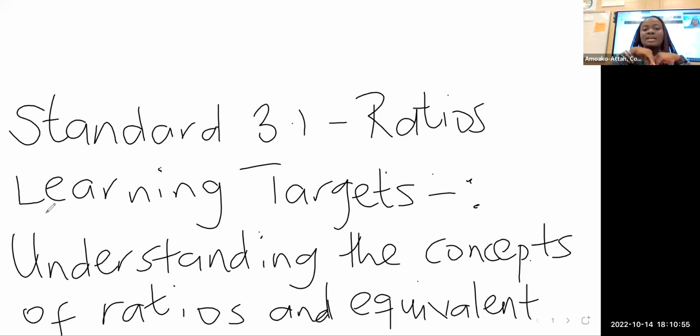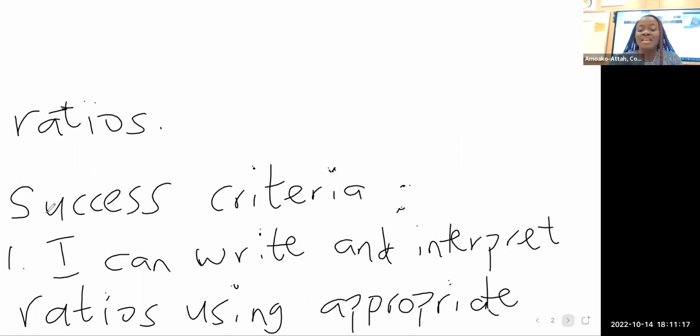Now let's look at our standard for today. That is ratios. Our learning target is understanding the concept of ratios and equivalence. Then let's look at our success criteria, or our I can statements.